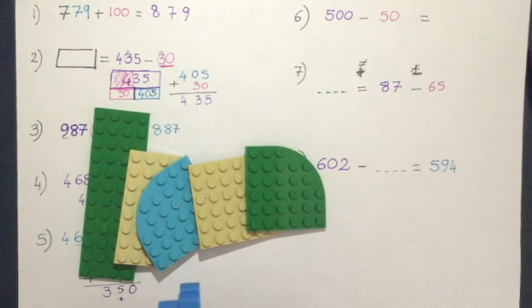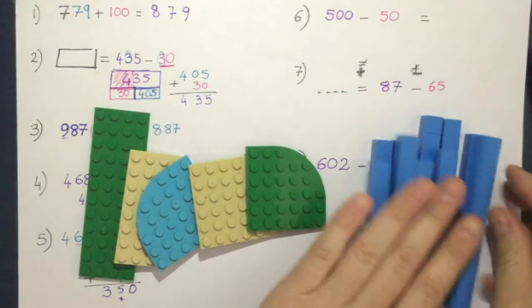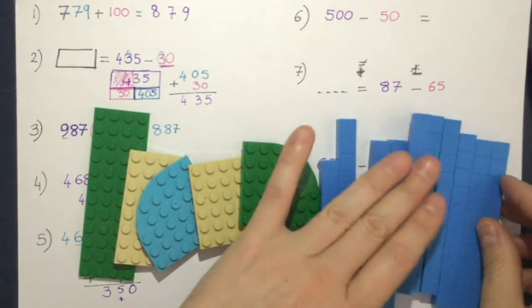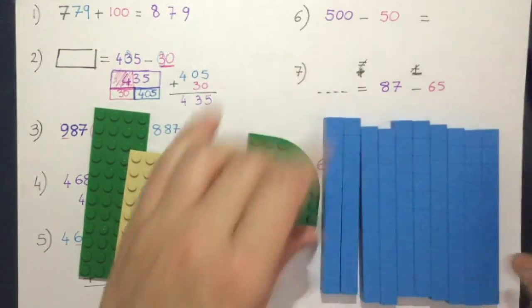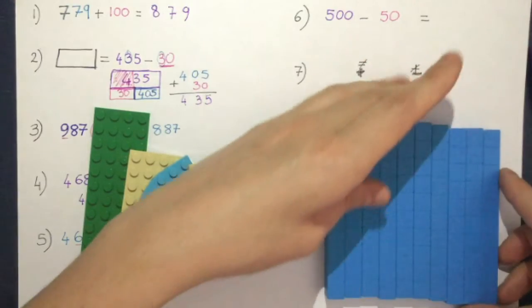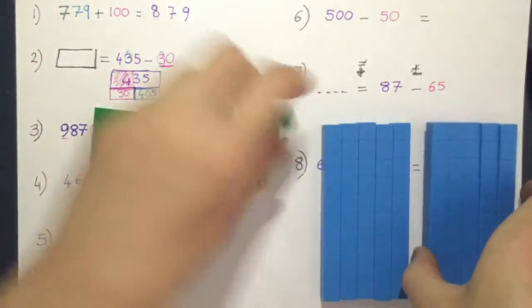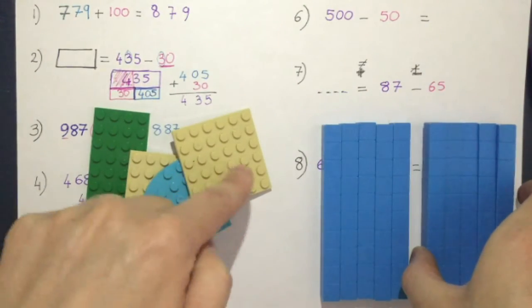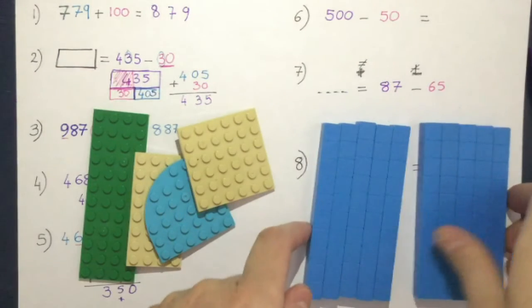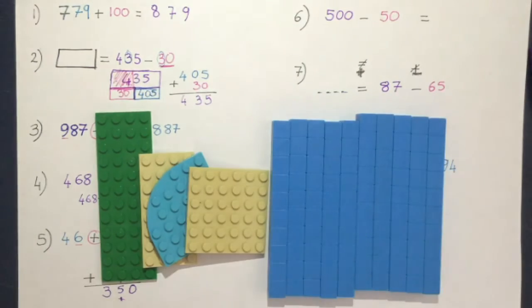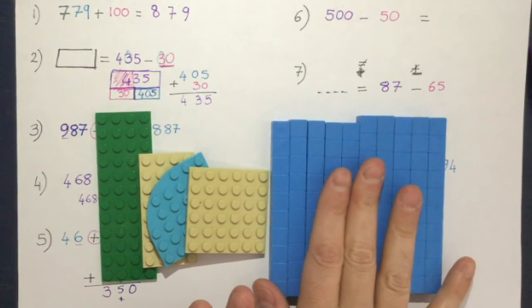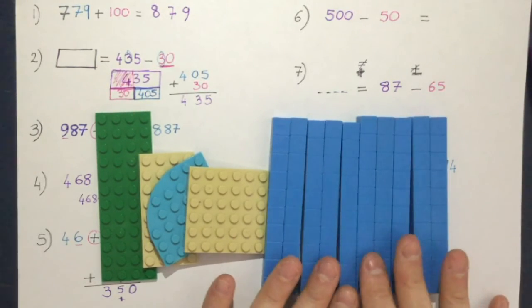Each 100 is made of 10 tens. So this is 100 made of 10 tens. So 1, 2, 3, 4 hundreds, and my fifth 100, I exchanged it in tens, so it's more visual.